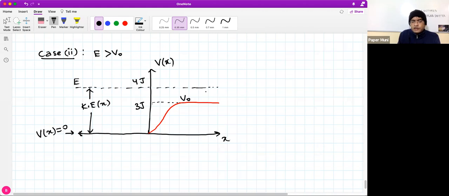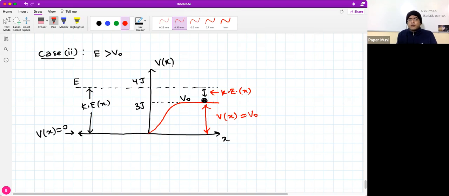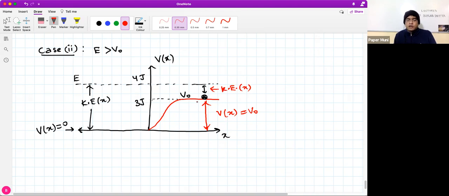So when the particle reaches this point, for this particle this part will be the kinetic energy, and this part is the potential energy, which is equal to V naught in this case, which we have labeled here. Now we are considering that this becomes flat and remains so. So this is the energy distribution for the particle.